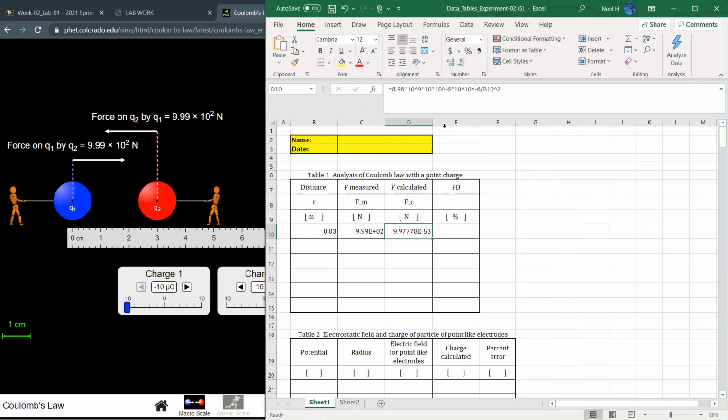So that will be KQQ over R squared. Let me take a look why it's giving me the wrong power of 10. The number is fine, you can see it's good, 9.99, 9.97, but the power of 10 is actually not correct. Let's take a look why.